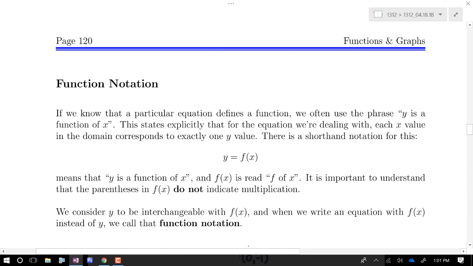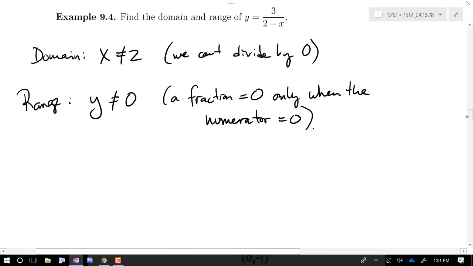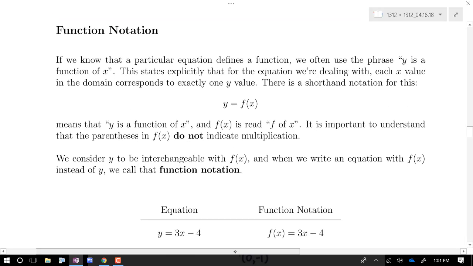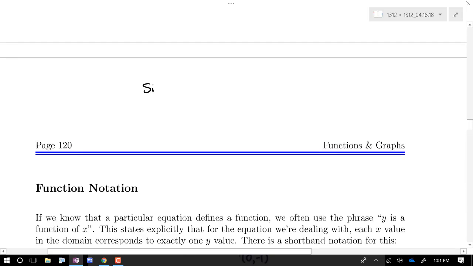Okay, so where we had left off, we'd done a lot of thinking about domain and range. We had not yet introduced function notation, but I think we're actually kind of used to function notation in some sense, like when we worked with the sine function. If we say something like sine of pi over 6 equals 1/2, that's function notation.